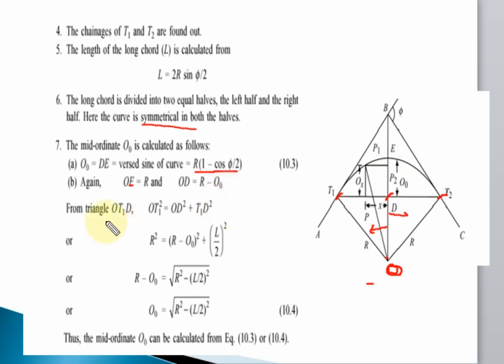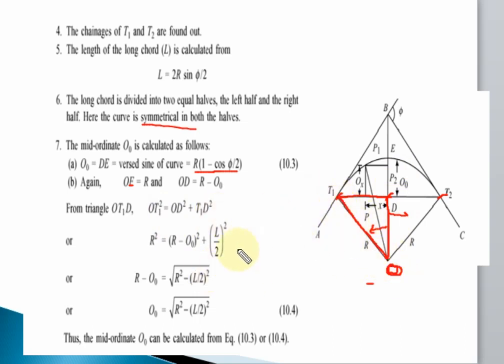Then from the triangle O T1 D, marking these triangles, in the triangle OT1D, the right angle is at D. OT1 squared is the hypotenuse, equal to OD squared plus T1D squared.